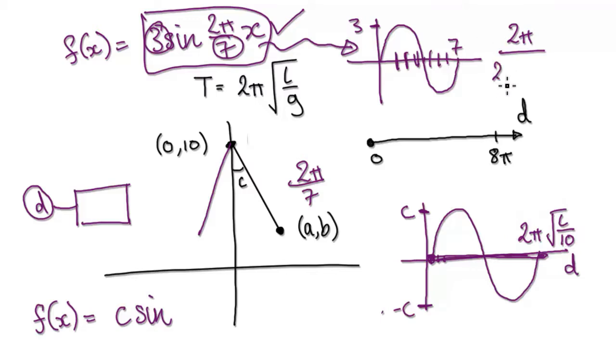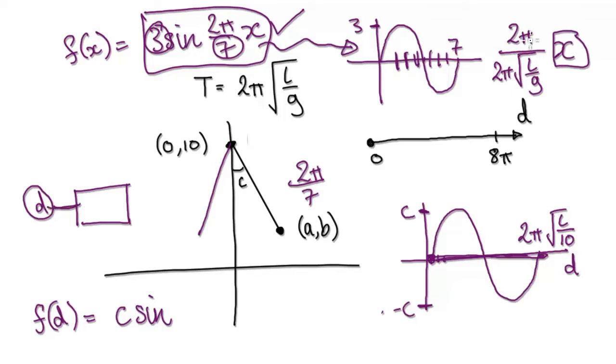So that would be 2 pi root L over G, and then we stick an x or a t or whatever here. Hang on, I'm going to change this to D, so later on we can put D into our machine.